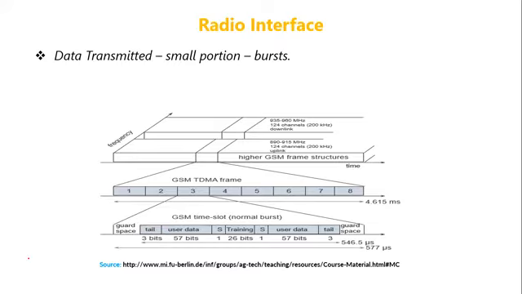The number of bits used for data transmission is 114 bits, because there is one set of 57 bits and another set of 57 bits. It is totally 114 bits, and this 114 bits is repeated every 4.615 milliseconds.